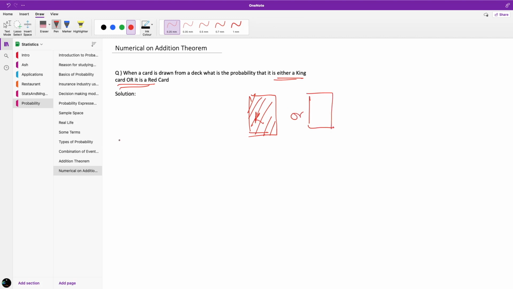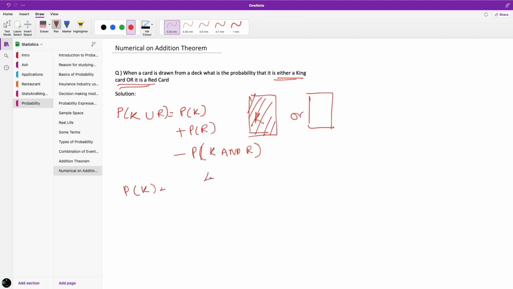If we go back to our formula, the probability of a king card or a red card is probability of king card plus probability of red card minus probability of a king and red card. What is the probability of a king card?